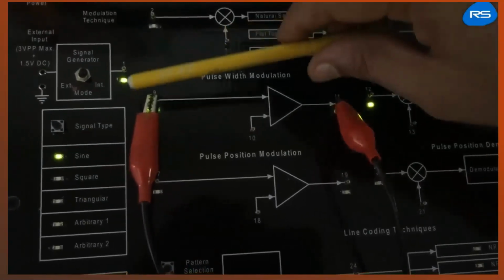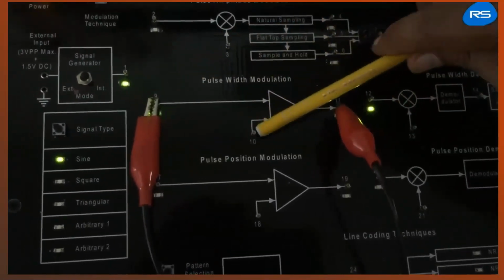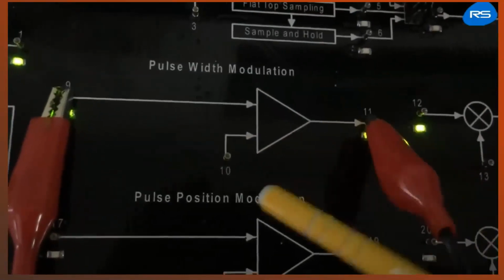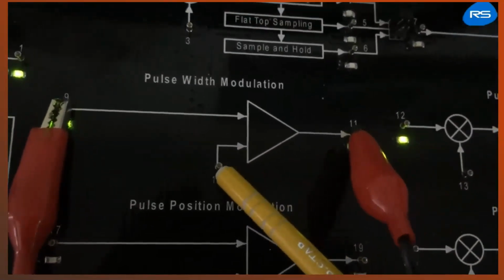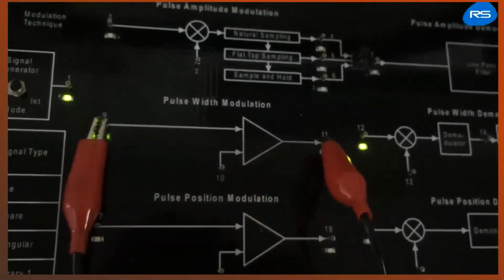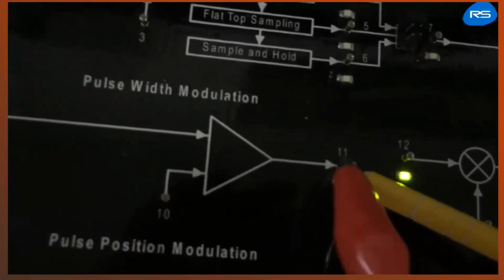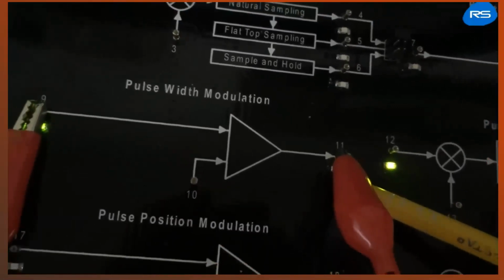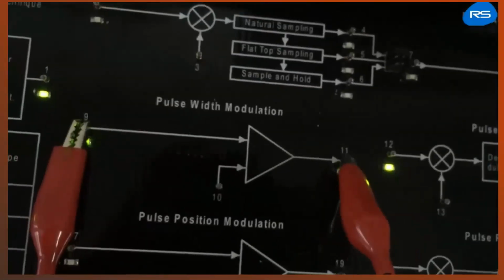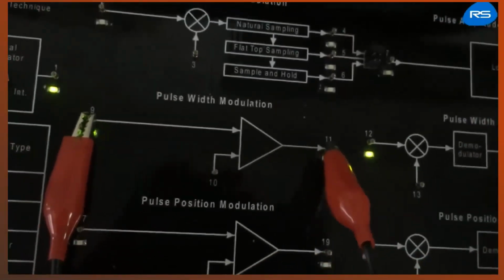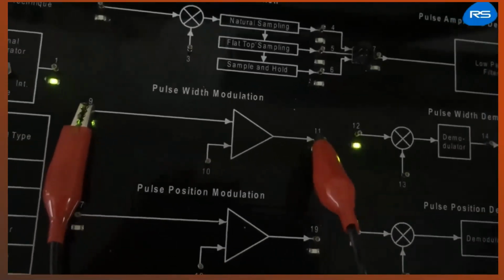At this point, the carrier signal is internally fed, which is a triangular wave. We obtain output at point number 11, and in this way we can observe various waveforms at various ports.